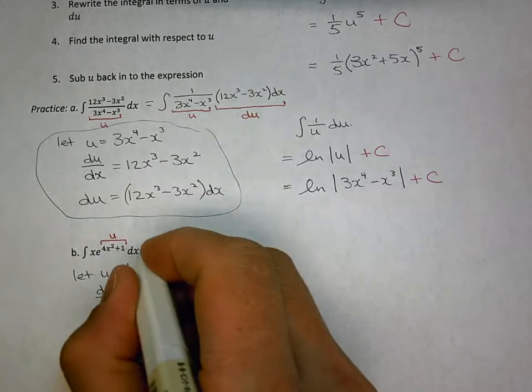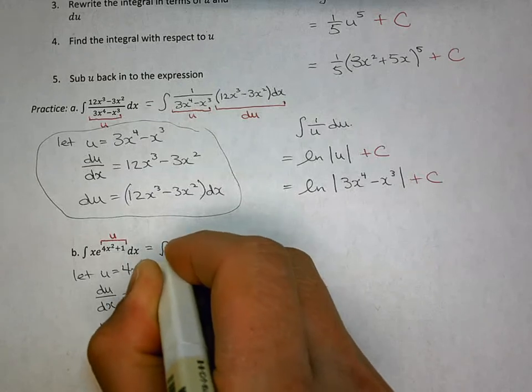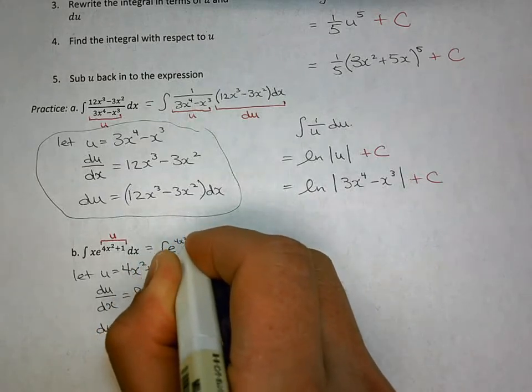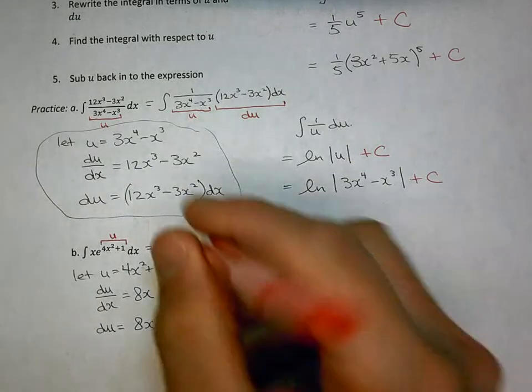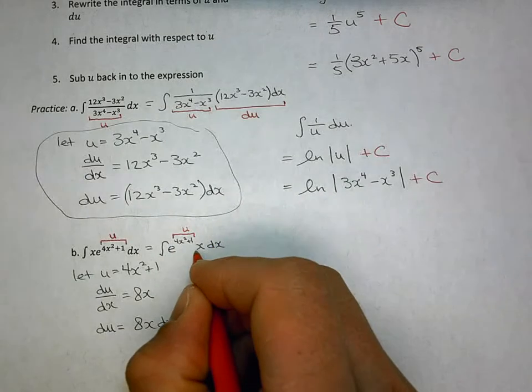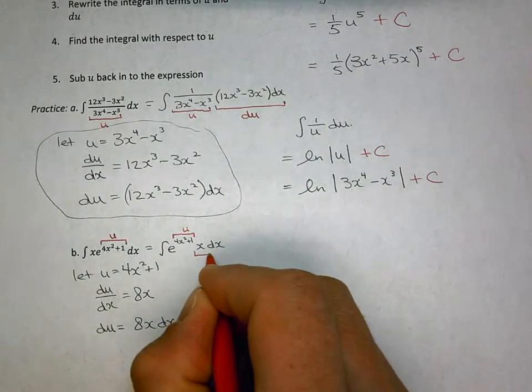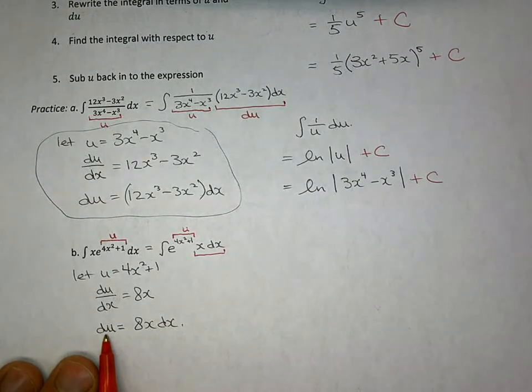Now, but look at this problem here. So I have the integral of e to the 4x squared plus 1, and then I have x dx. So the nice thing is that this becomes u, but now look at this whole thing, x dx. du is 8x dx.